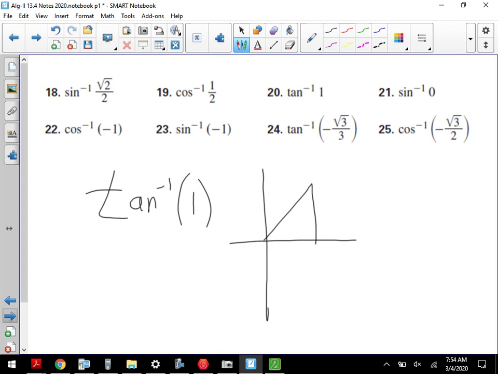In order for you to get a tangent value to equal 1, you have to remember, what does tangent mean? Opposite over adjacent. If opposite over adjacent equals 1, that means your opposite and adjacent have to be the same thing. Yes, ma'am?